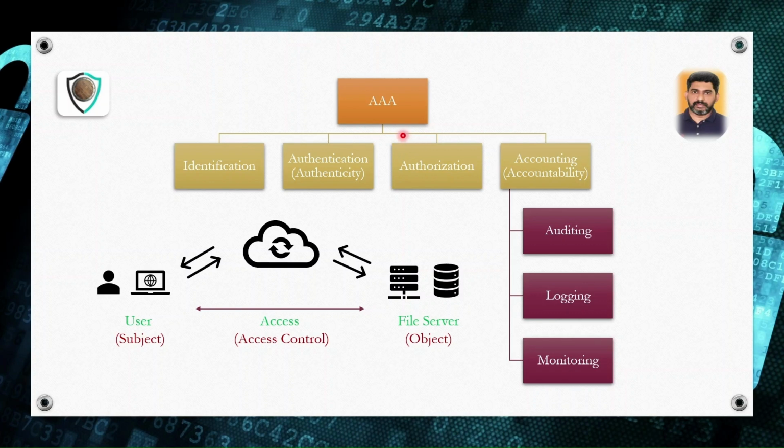Now the question is, what permissions or privileges does the user or the subject have over the object? The permissions and privileges a subject has over an object are determined by authorization. So authorization is the security concept that determines what permissions and privileges a particular subject has over a particular object.